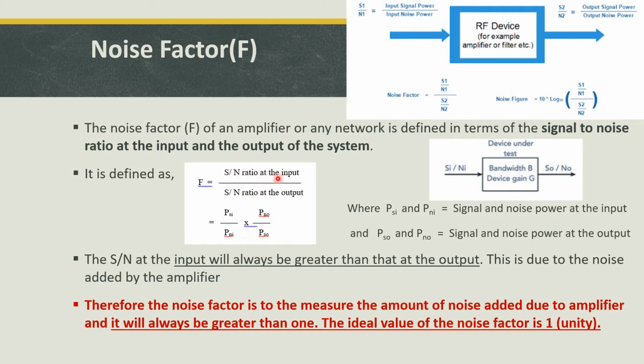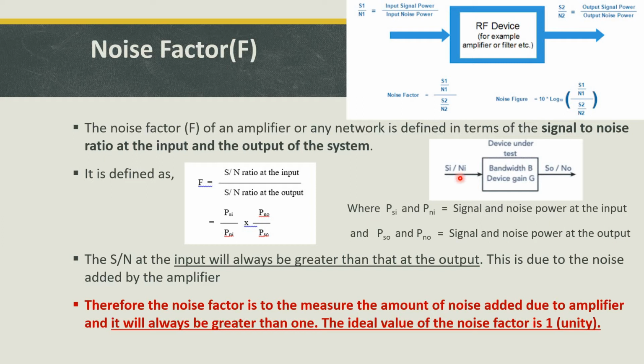If you substitute the corresponding values, you will get an equation with PSI, the input signal power, PNI, the input noise power, PNO, the output noise power, and PSO, the output signal power, where O represents output, S represents signal, and P represents power. The signal to noise ratio at the input will always be greater than at the output, obviously.